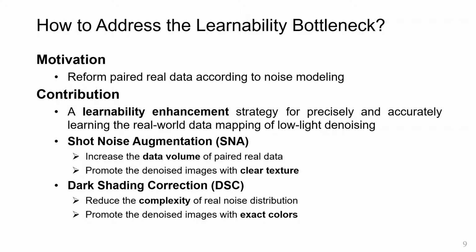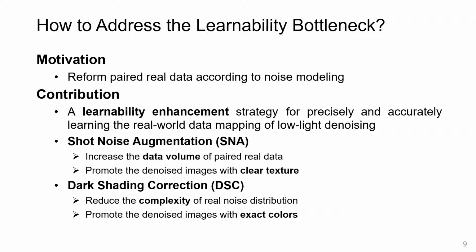In this paper, we propose a learnability enhancement strategy for precisely and accurately learning the real-world data mapping of low-light denoising. Firstly, we propose shot noise augmentation. It can increase the data volume of paired real data. Benefiting from the increased data volume, the mapping can promote denoised images with clear texture. Secondly, we propose dark shading correction.